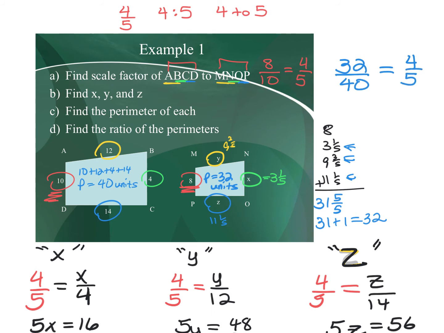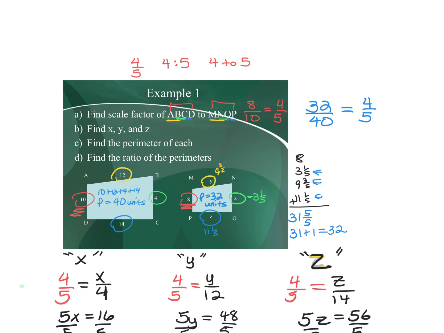So what you're going to see is the ratio of the perimeters is going to be the same as the ratio of the side lengths. So whenever they're asking you to find the ratio of the perimeters, remember it's the same as the ratio of the side lengths.